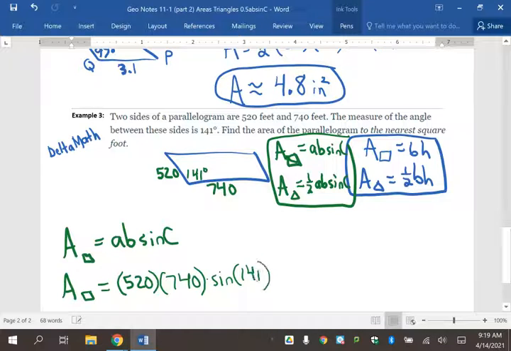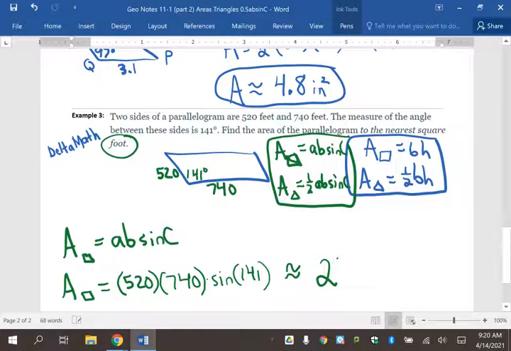So these are real easy problems to do if you can just remember the two formulas. Area of a parallelogram is AB sine C, and area of a triangle is 1/2 AB sine C. Put this in your calculator, 520 times 740 times sine 141, close parentheses, and it says round to the nearest square foot. So we'll have no decimals.